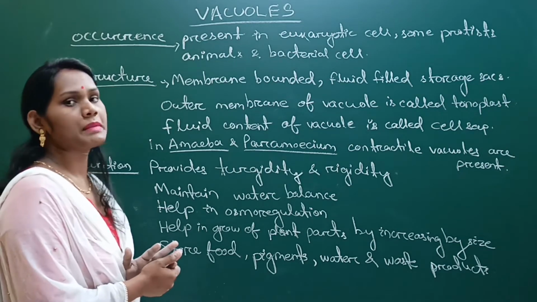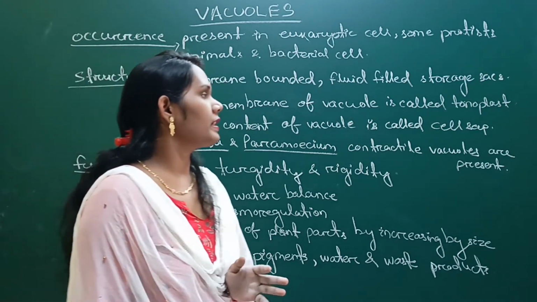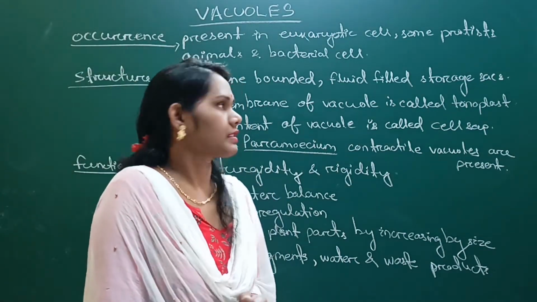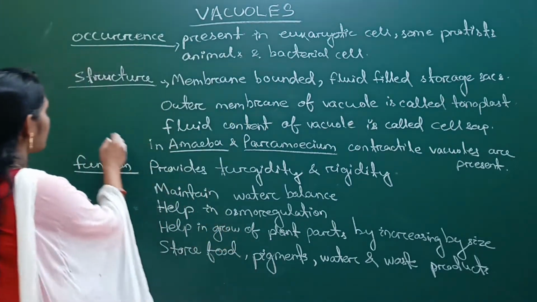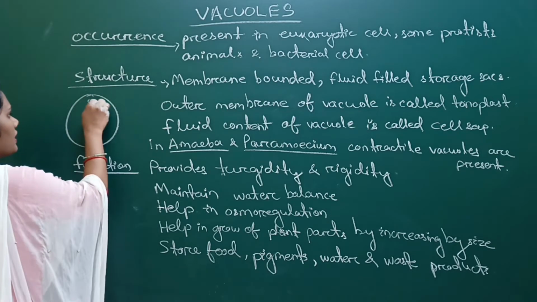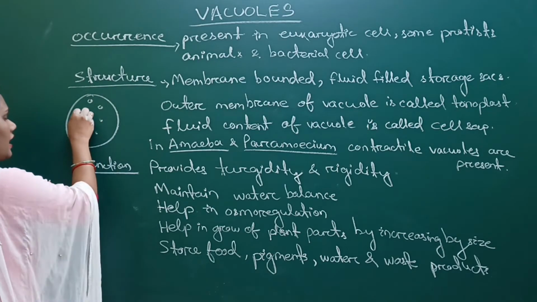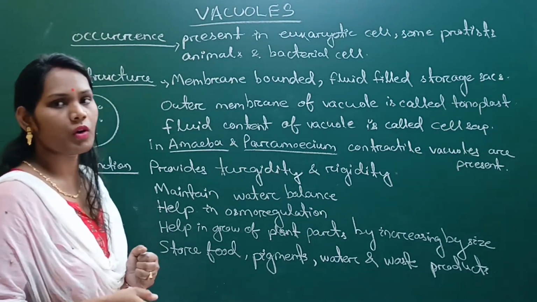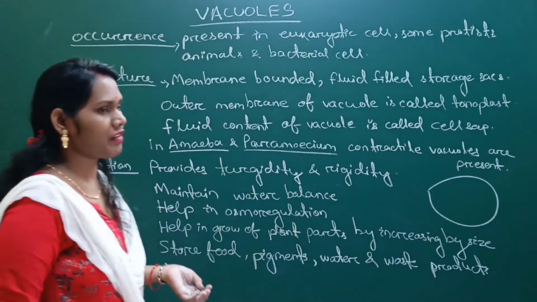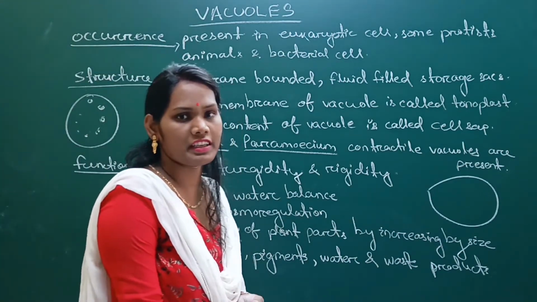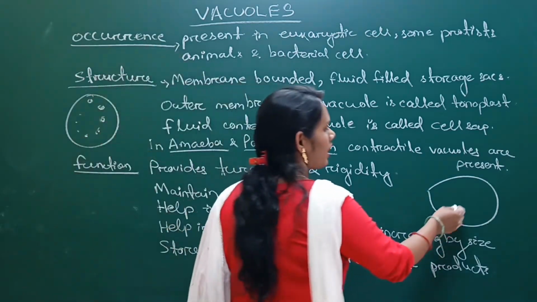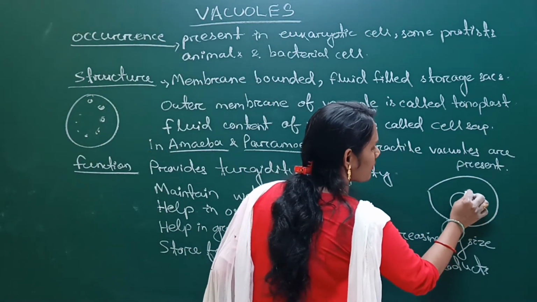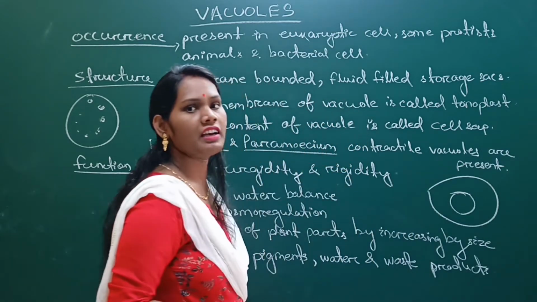The vacuole is a membrane-bounded, fluid-filled storage sac. Okay, in animal cells there are many vacuoles, but they are small in size. In plant cells, more vacuoles are present, but in a mature plant cell a few vacuoles are fused together to form a large central vacuole.